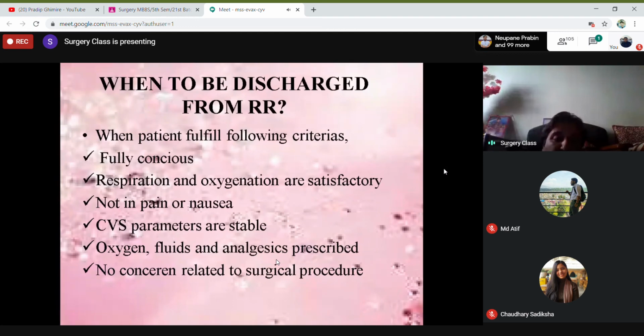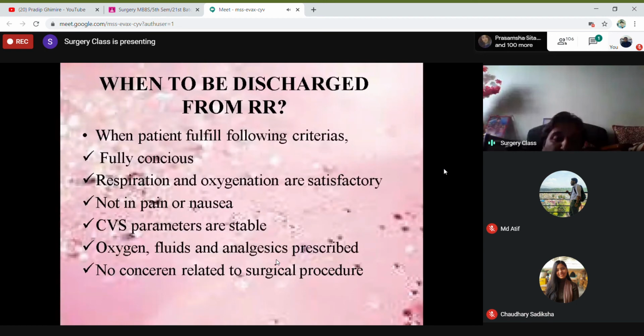So, when to discharge the patient from the post-op ward or the resuscitation room. RR means resuscitation room. In most places the post-operative ward is called a resuscitation room, where resuscitation facilities are available. The patient should be fully conscious, respiration and oxygenation satisfactory, the patient not in pain, pulse and blood pressure within normal limits, saturation normal, oxygen, fluid and analgesia being given as prescribed, and no concern related to the surgical procedure.